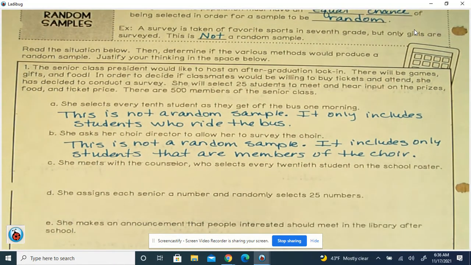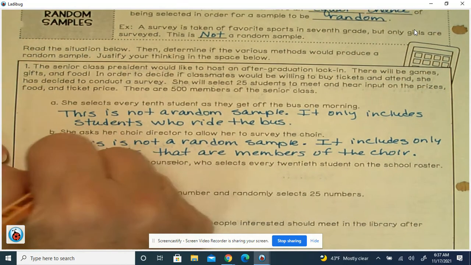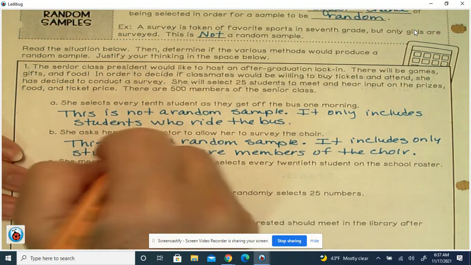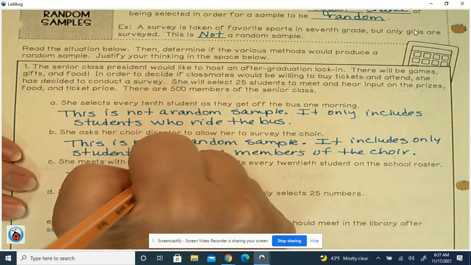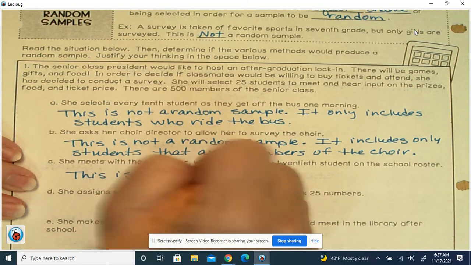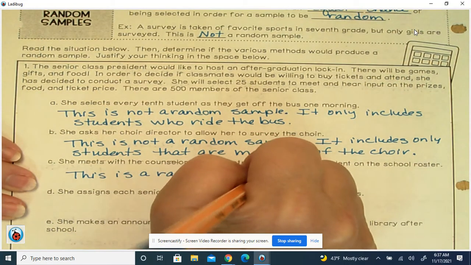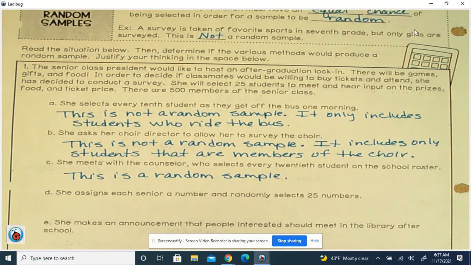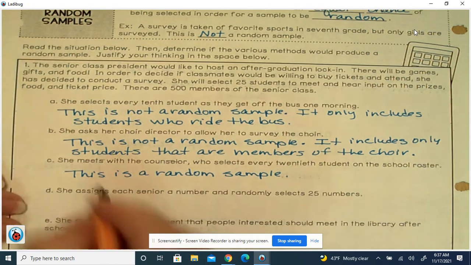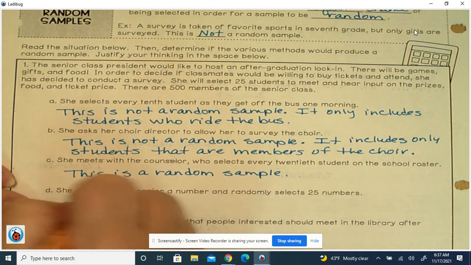C, she meets with a counselor who selects every 20th student on the school roster. This is a random sample because it includes all students. D, she assigns each senior a number and randomly selects 25 numbers. This is a random sample because every senior had the opportunity to be selected.